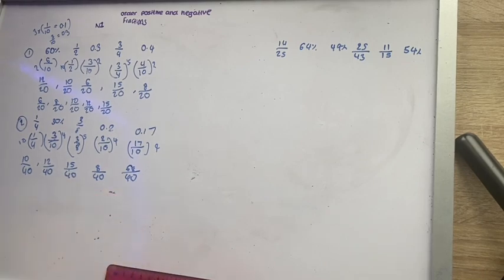Okay, so times by 4, times by 4. I agree with that. Times by 5. 8 times 5 is 40, 40, 40. It all seems okay. 10 over 40, 12 over 40, 15 over 40, 8 over 40, 68 over 40.